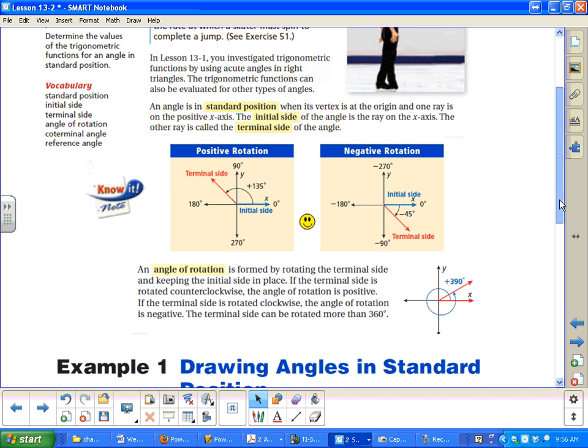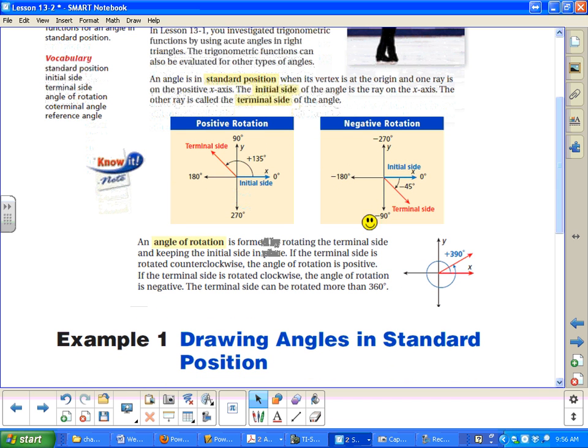If you look at this 390-degree angle, you'll notice that this blue line goes all the way around once, plus it goes an additional 30 degrees to get the angle of 390 degrees. An angle of rotation is formed by rotating the terminal side and keeping the initial side in place. So you can go around more than one time. Here it shows one time around plus an additional 30 degrees, to get 390 degrees.